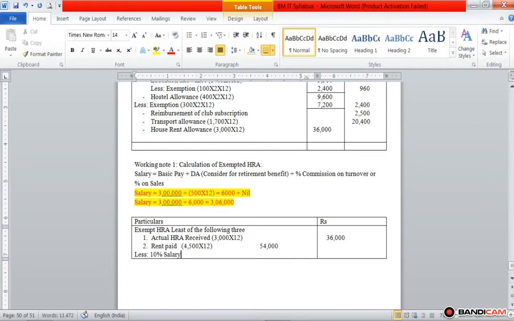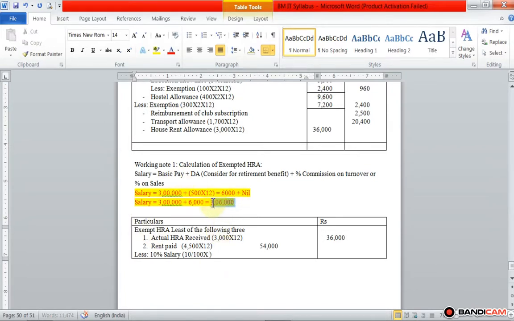So 10% of salary, we compute the salary. 10 divided by 100 multiplied by salary.